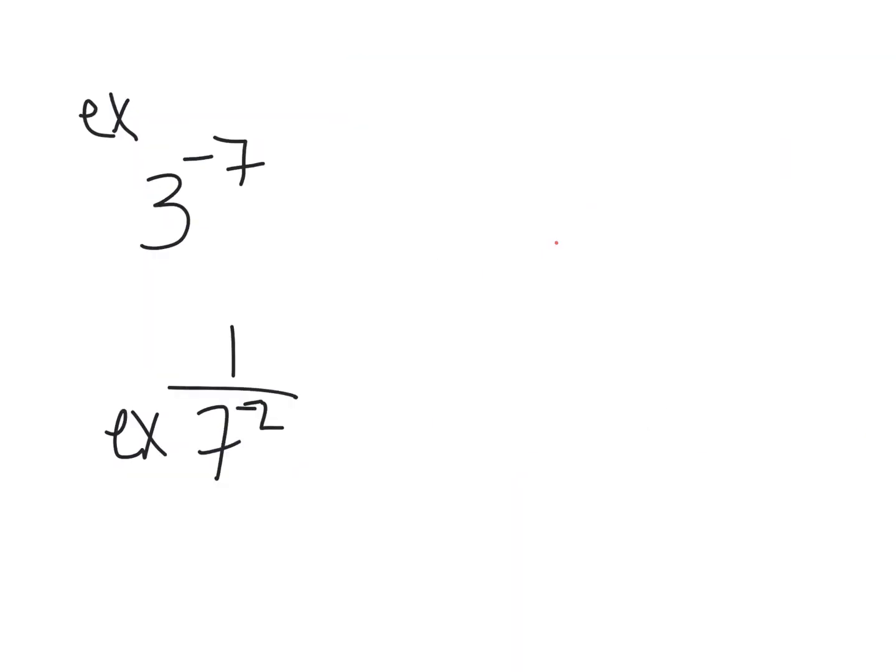If we look at these two different exponents we've got here, the first thing I notice is I've got a negative 7 right here. That negative 7 is an example of a negative exponent.